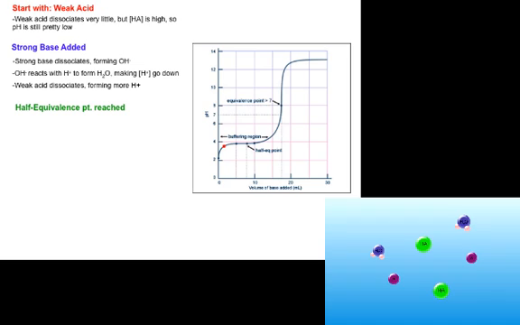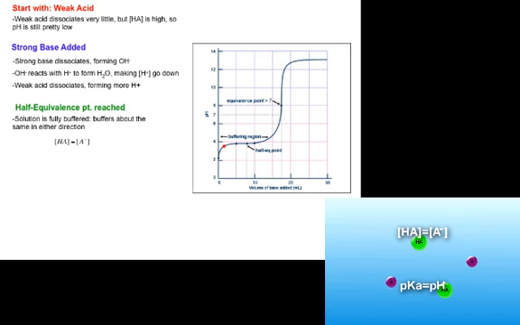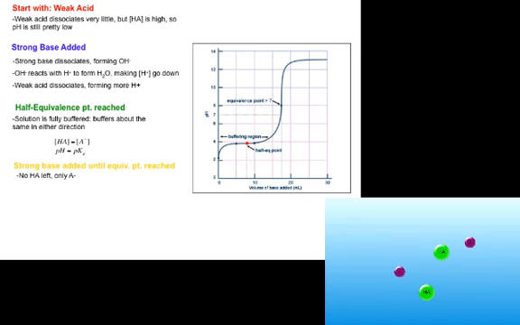Eventually the half equivalence point is reached after enough strong base has been added. At that point the solution's fully buffered, so it could buffer either a strong acid or a strong base, because the concentration of HA is equal to the concentration of A minus at that point. So pH is also equal to pKa there, at the half equivalence point. We can continue to add strong base until the equivalence point is reached. At that point, all the HA is gone.